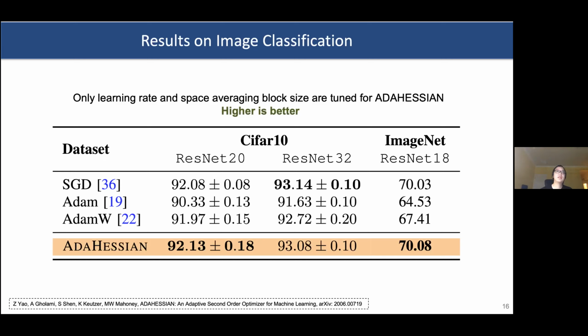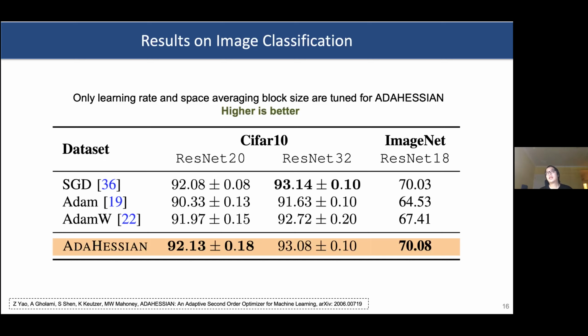First, the default optimizer for this task is SGD. As you can see, it achieves better results than ADAM or ADAMW, which is typically the default optimizer for NLP. The gap varies from roughly 1% to roughly 0.5%.